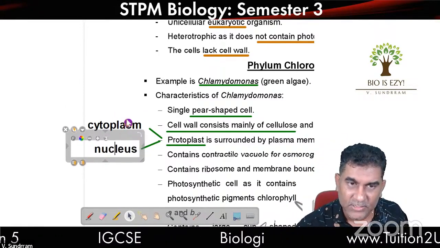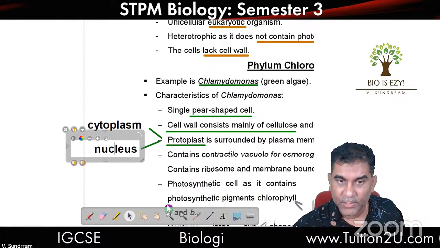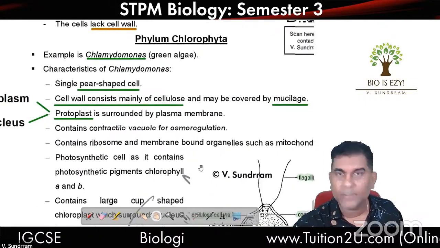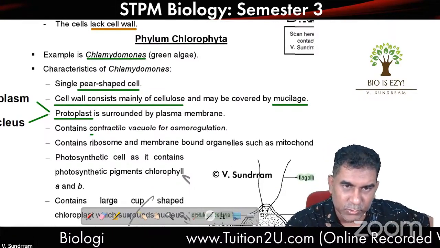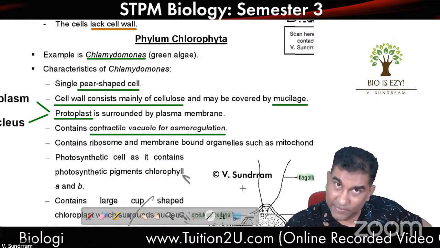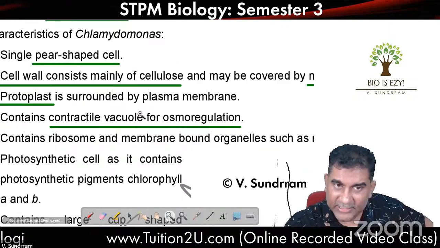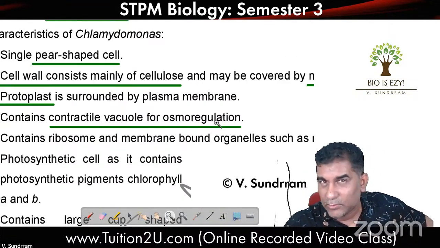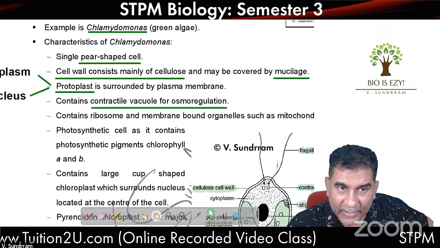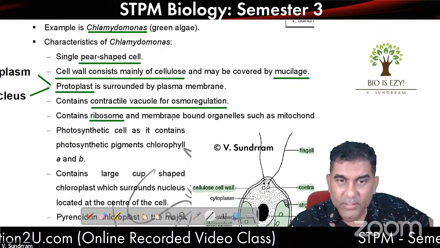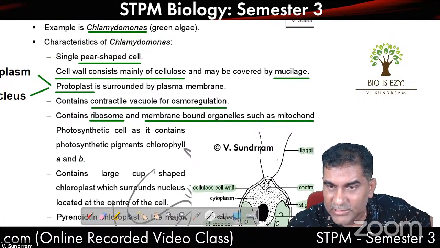So cytoplasm and nucleus become protoplasm. Protoplasm is surrounded by plasma membrane. They have contractile vacuole to do osmoregulation. As I mentioned, you just write this, enough. What is osmoregulation? For the moment, not needed.